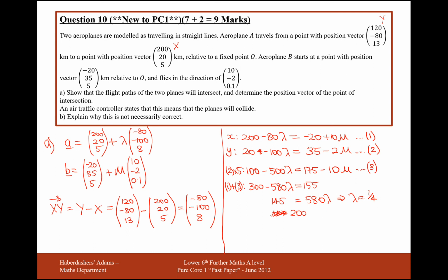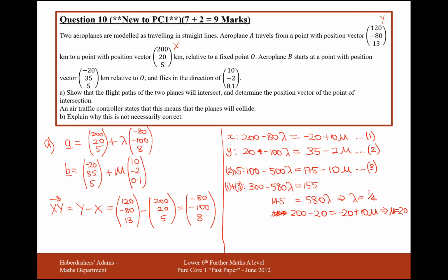Lambda was 1/4, so that would be take away 20, equals minus 20 add 10 mu. So from there we have minus 20s on both sides, cancel them out. 200 divided by 10 is 20, so mu equals 20.